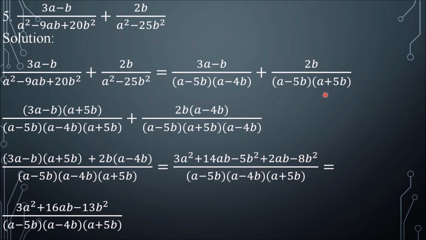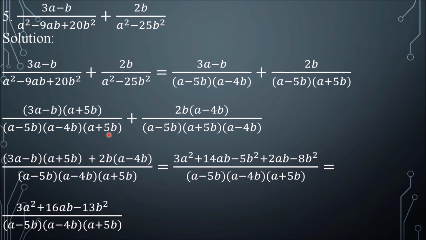Now, after multiplying a + 5b, set aside. Multiply also a + 5b to the numerator. Next, let's proceed to the second denominator, (a - 5b)(a + 5b). We need to multiply this by a - 4b. Why a - 4b? Because there is no a - 4b here. Now, multiply also the numerator by a - 4b.